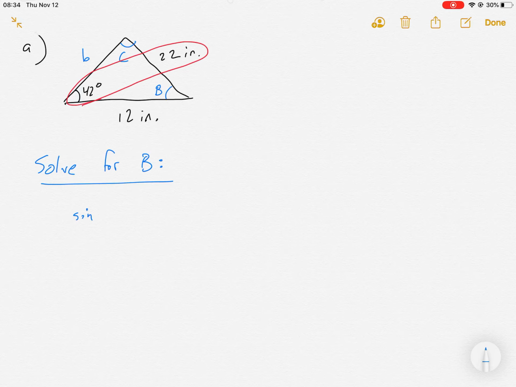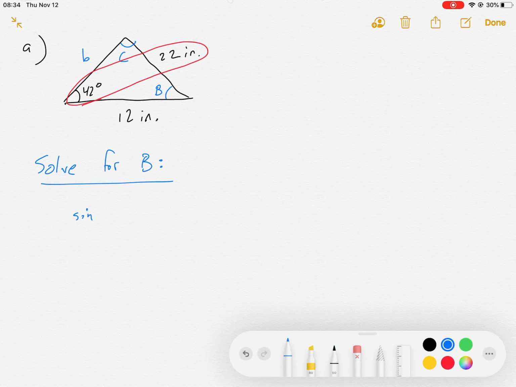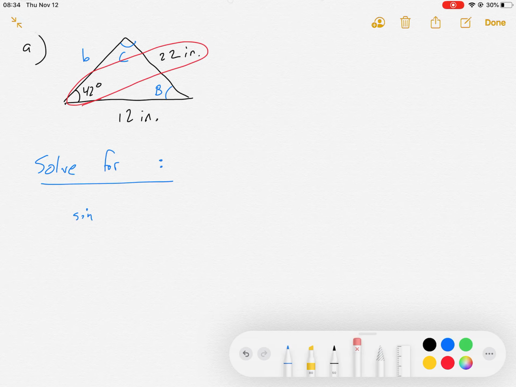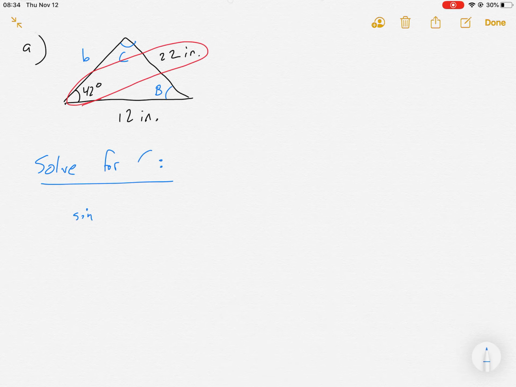So I'm going to say sine of b. Oh, you know what? I can't actually solve for b because I don't have side b. So we're actually going to solve for c to start off with. So I'm going to do sine of capital C over side c, 12. Notice I wouldn't have been able to do that with b because I don't have lowercase b.